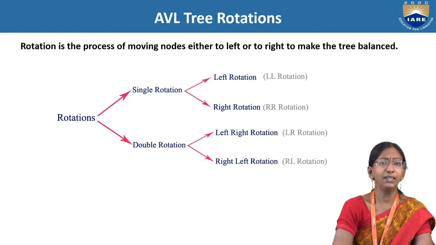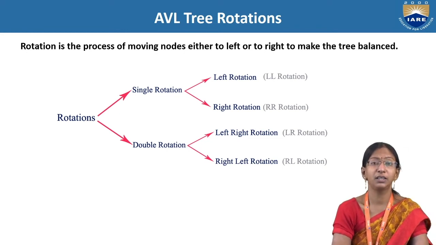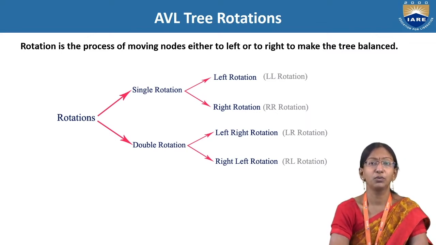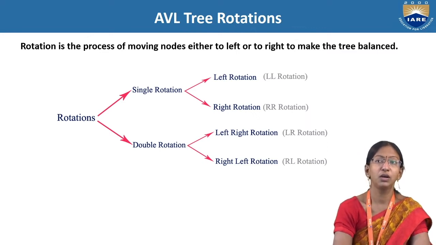When a tree is not an AVL tree, it is not following the basic property of an AVL tree. Some of its internal nodes, or maybe at times the root node, do not have a balance factor within these 3 values. It is having something else, either -2 or +2 or some other value. Then we can rebalance it using rotations.